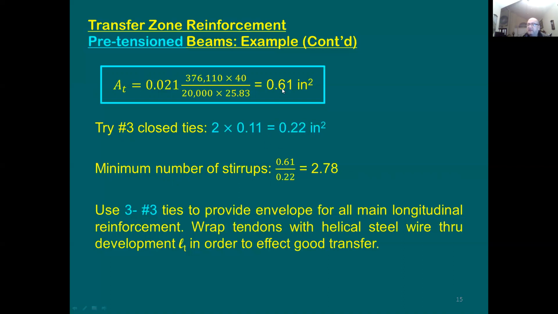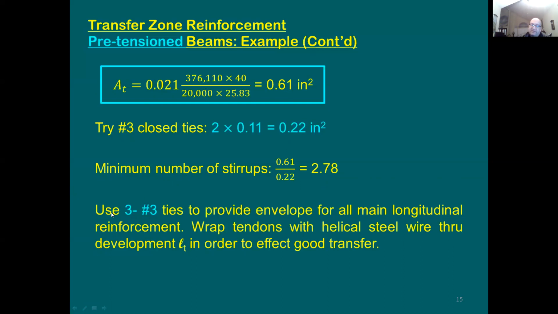Now look at the needed. I have here 0.61. For one closed tie, I'm going to have here 0.22. Meaning that I need here to have 2.78, which means at least I'm going to have here 3 stirrups. 3 closed ties here to resist the amount of tension that you have here at the end of the block.